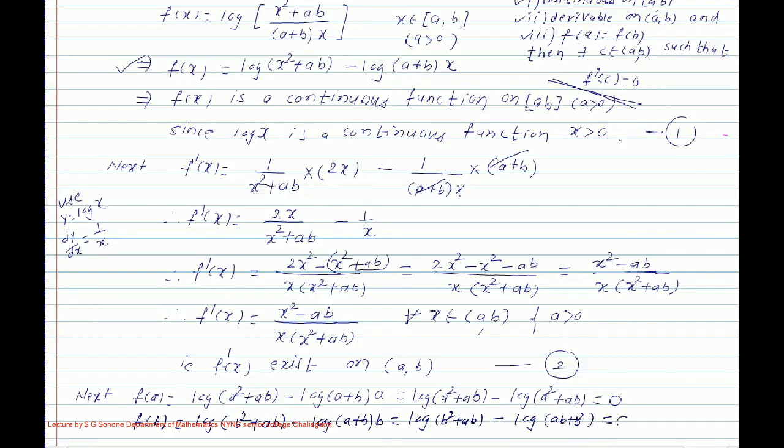So the difference is 0. So we have shown that values of f of x at end points are equal and both are 0.